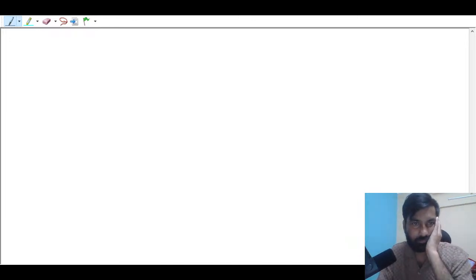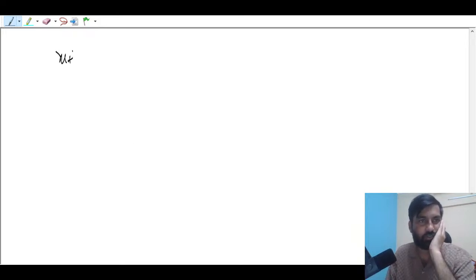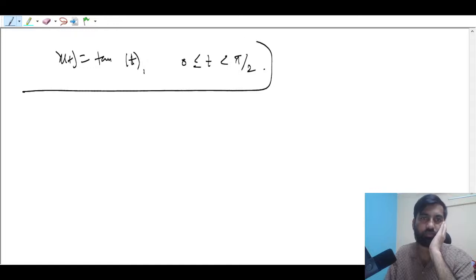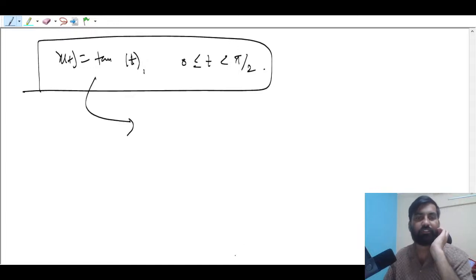Understood. Now suppose you are given that x(t) equals tan t, and over one period, 0 to pi by 2, it will be having infinite discontinuity, guys.